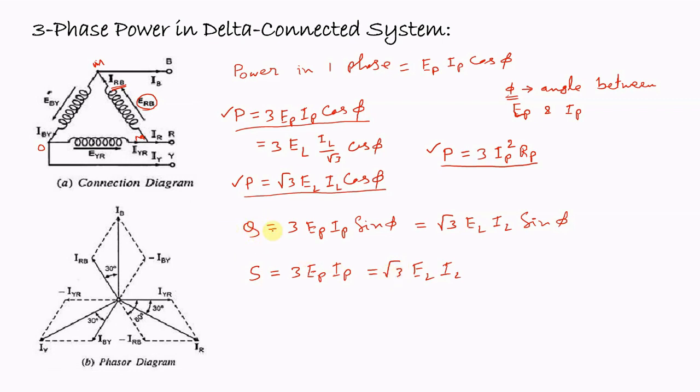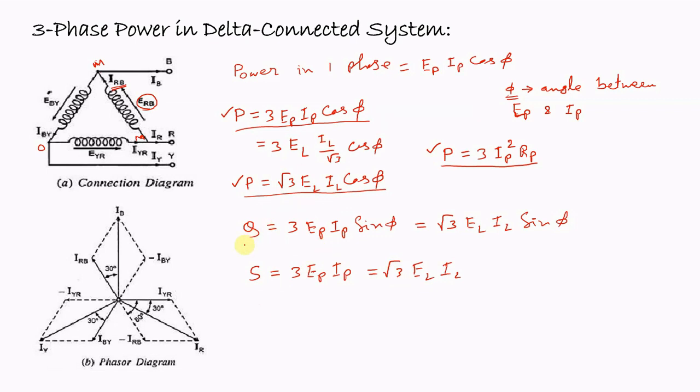So we can see that the relations of the active power, reactive power, apparent power in terms of the phase values or the line values are the same as in the case of a star connected system. So the power equations are the same for both star connected and delta connected systems.